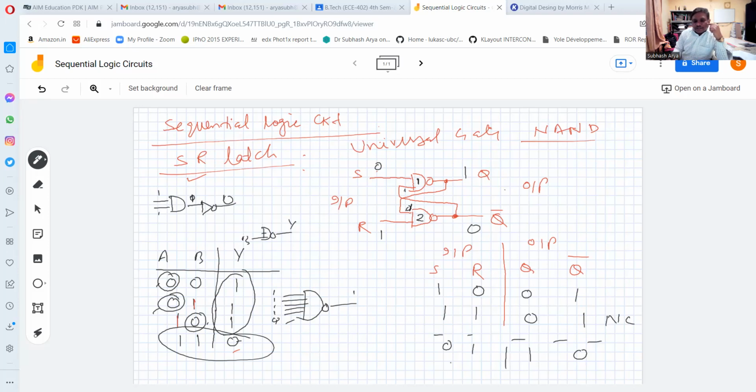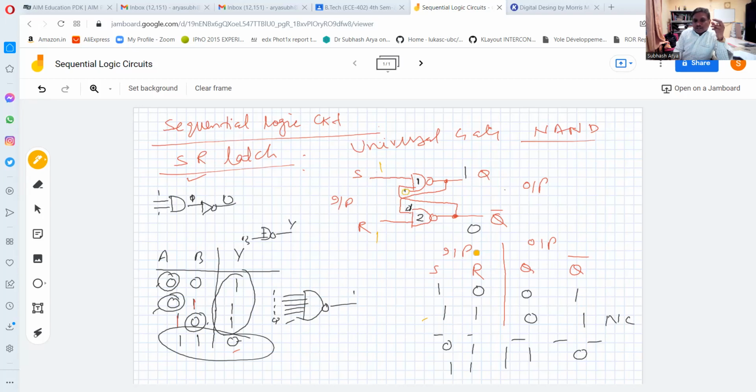Now, after that, if we take 1, 1, then what will happen? So, let us take here 1, 1. What about this situation again? We have to look at the other input of NAND gate 1. You can see from here, the earlier output was 0 here.